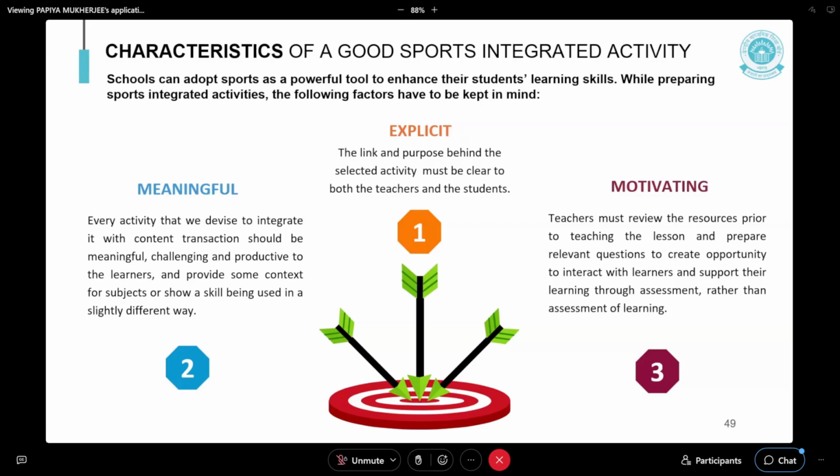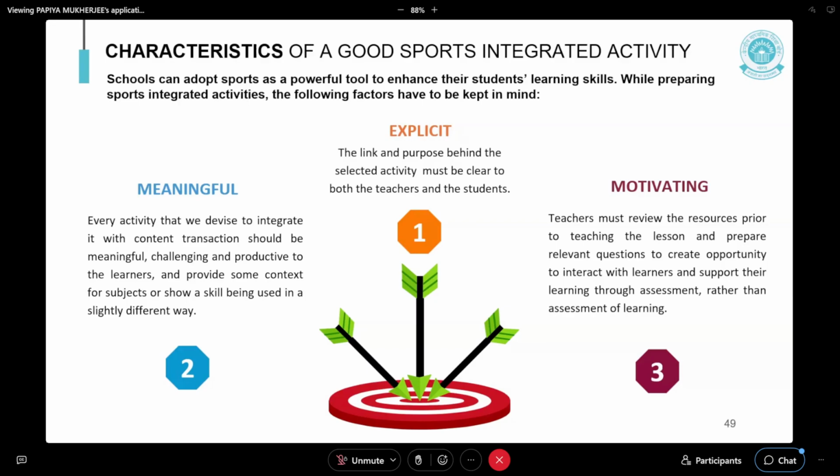Teachers must review the resources prior to teaching the lesson and also prepare relevant questions to create curiosity, and provide them opportunity to interact with the learner. By doing that, they will be supporting their learning through assessment rather than only assessment of learning.